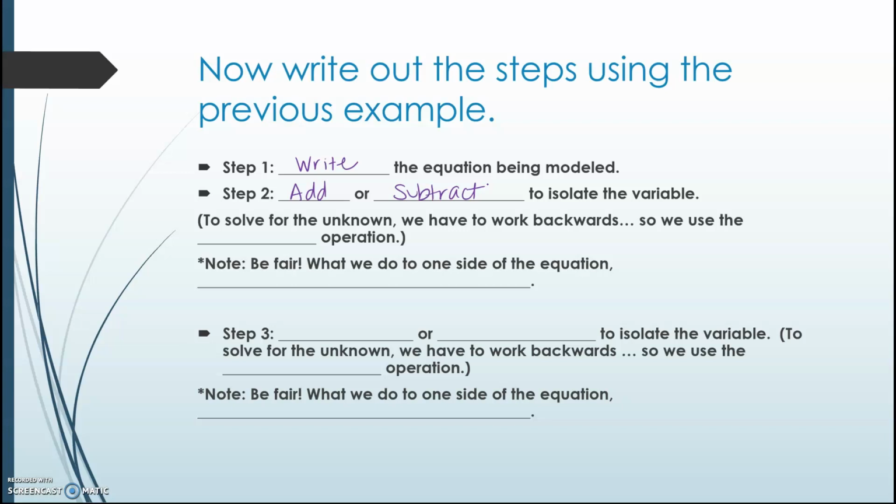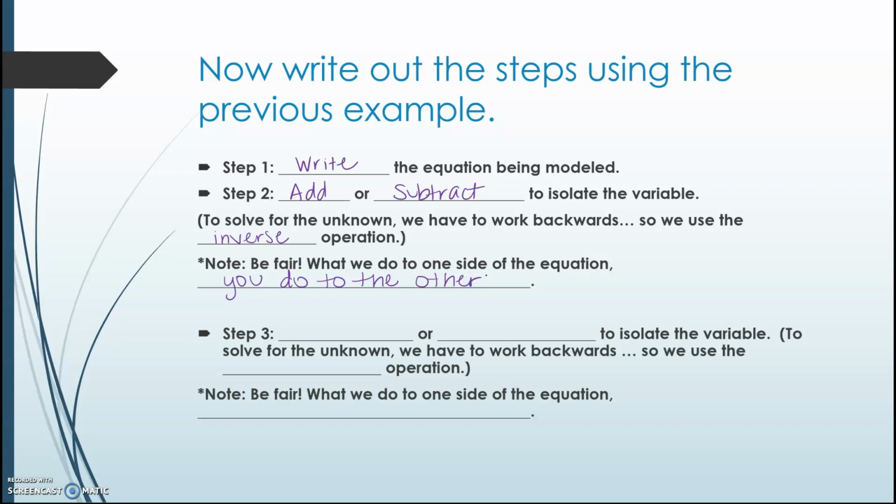We have to use the inverse operation, or the opposite operation. So if it's addition, we subtract. If it's multiplication, we divide. Note, we have to be fair. What we do to one side of the equation, you do to the other. We are keeping the equation balanced. That is what the equal sign means.